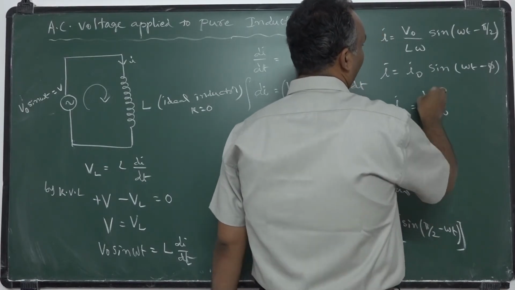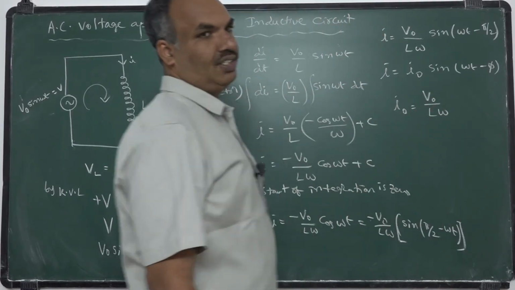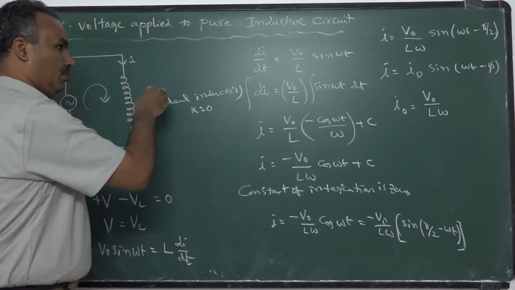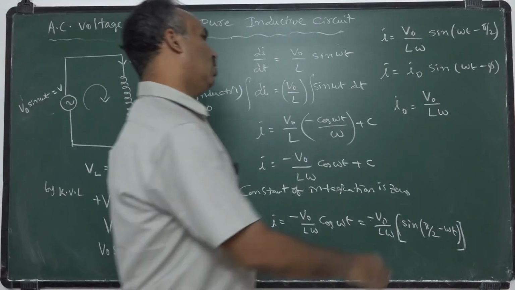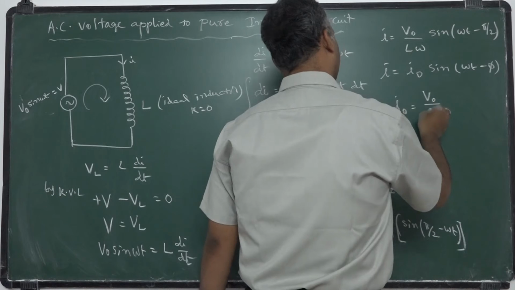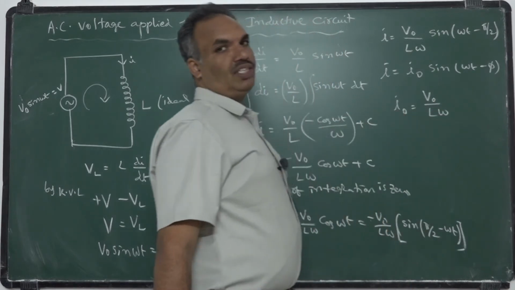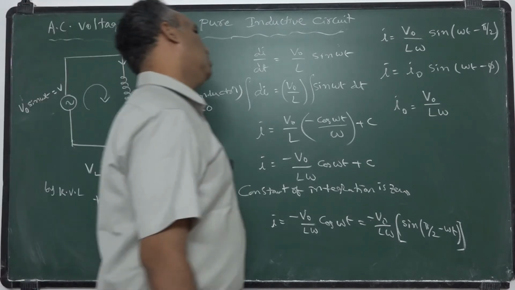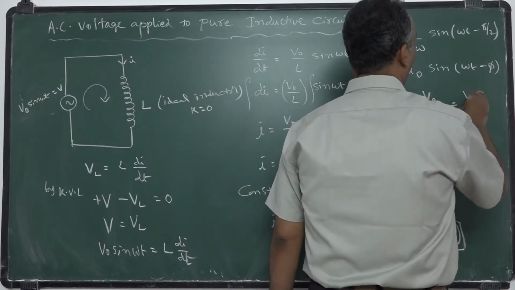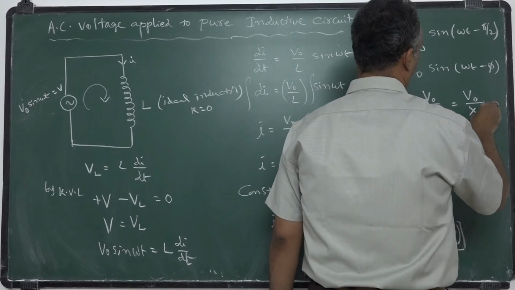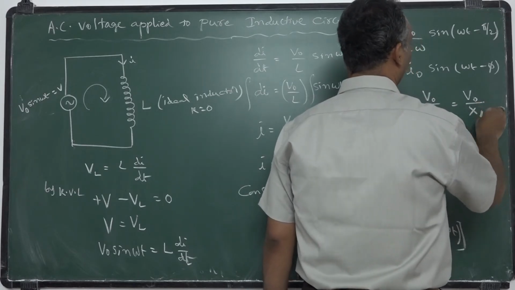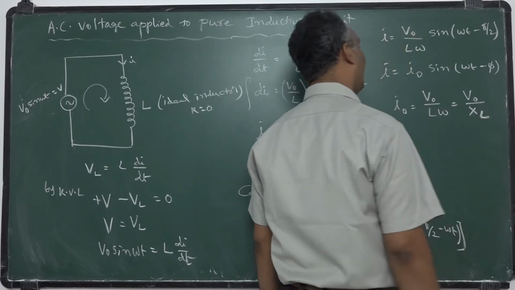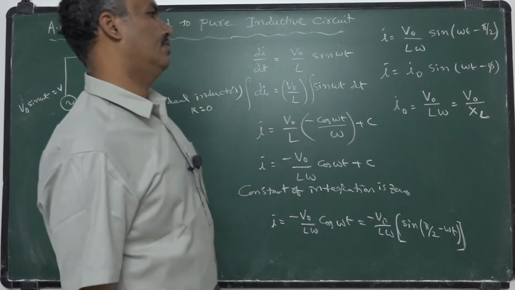Current can be represented as voltage by resistance, but here no resistance is available. There is one quantity which is similar to resistance in the pure resistive circuit. Hence, this quantity is named as reactance. As the reactance is given by the inductor, it is called inductive reactance.